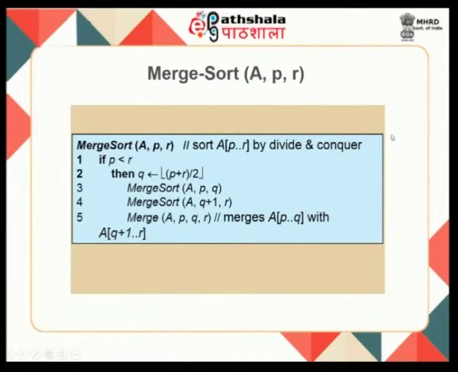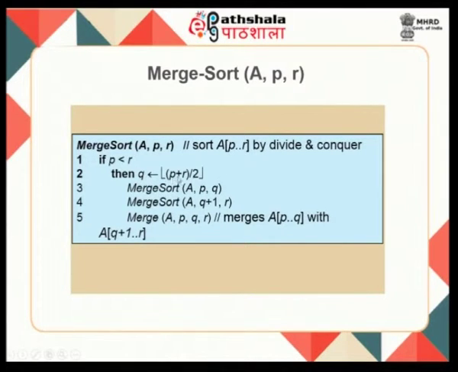So you can see very well this is how the algorithm for merge sort looks like. So this is the name of the algorithm. A is the array, that is the unsorted one, and P, R are nothing but the lower and upper bounds of the given array. So when P is less than R, I am trying to divide, preferably exactly by half.